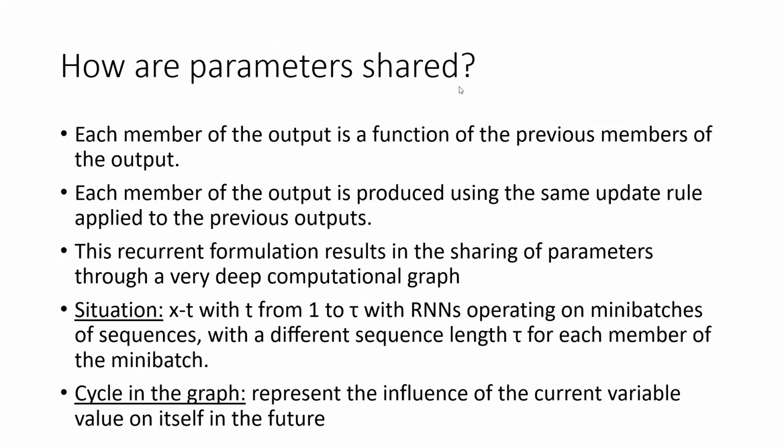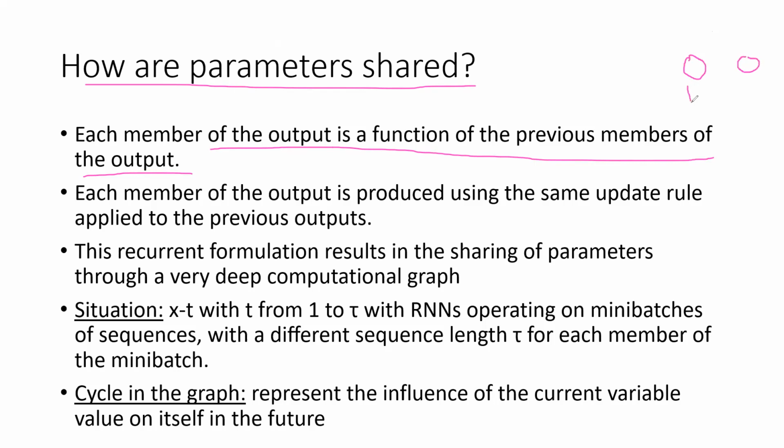So how are the parameters shared? That's what we need to understand here. Each member of the output is a function of the previous members of the output. Okay, so if I have a neuron here and a neuron here, this is at time t, and this is at time t plus 1.